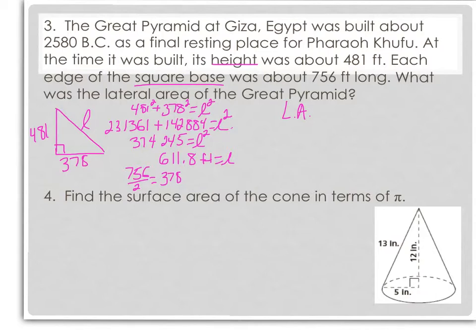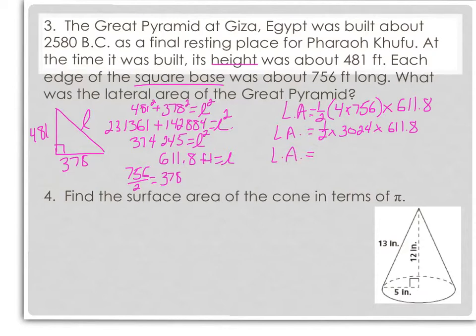So now we're going to find our lateral area, which will be 1/2 times the perimeter. So there's 4 sides. They're each 756 feet times our slant height, 611.8. So our lateral area will be 1/2 times 3024 times 611.8.